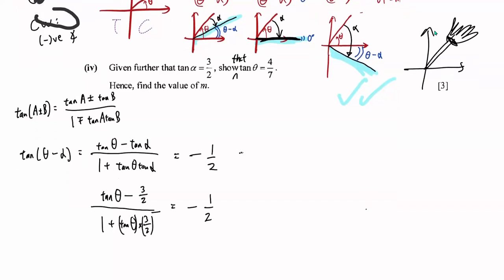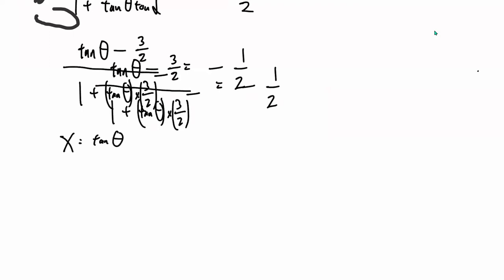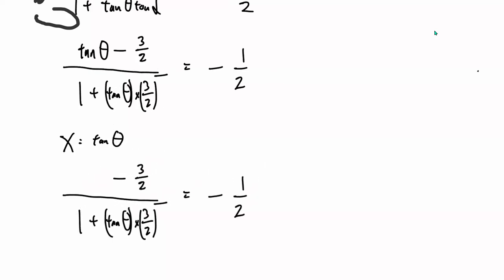Okay, very good. Then from there, you can cross multiply. It might help if you replace the tangent theta with an x. If you are not familiar with the trigo expression, you can rewrite this as x minus 3/2 all divided by 1 plus 3/2 times x equals negative half.